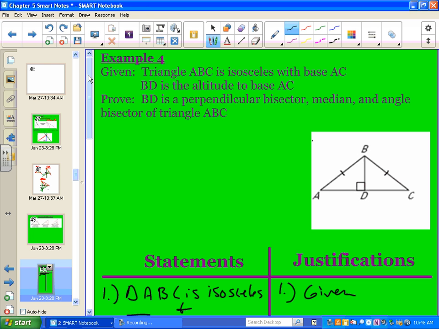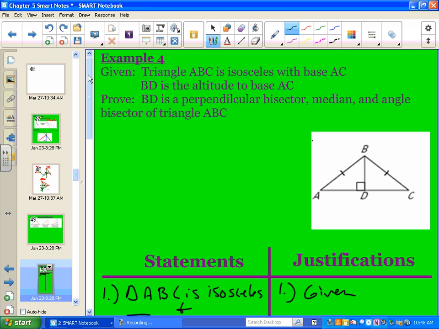So, putting this in an if-then statement: if we have an altitude coming from the vertex angle of an isosceles triangle, then that altitude is also a perpendicular bisector, a median, and an angle bisector. That's what we're proving here. Is everyone with me? That'll be a theorem here. Once we prove it, we'll have the theorem.